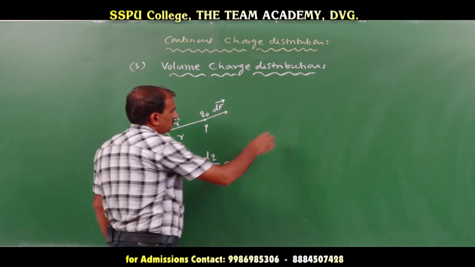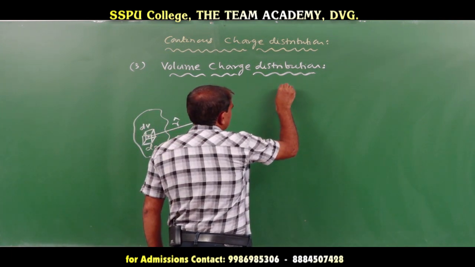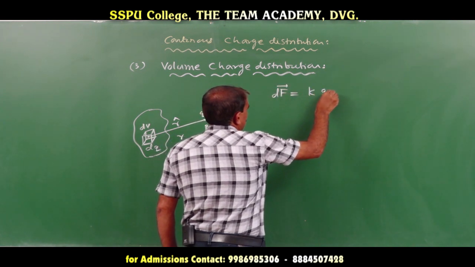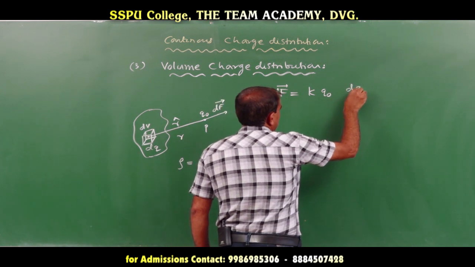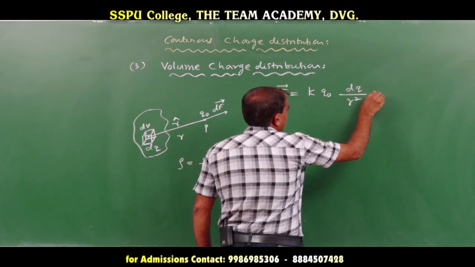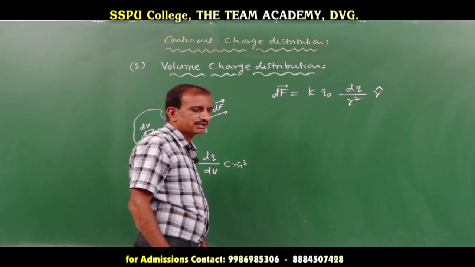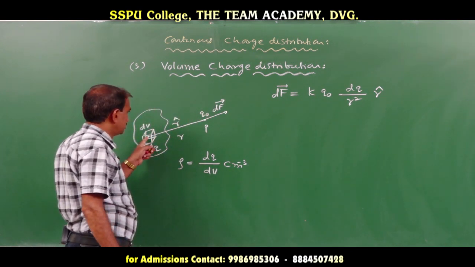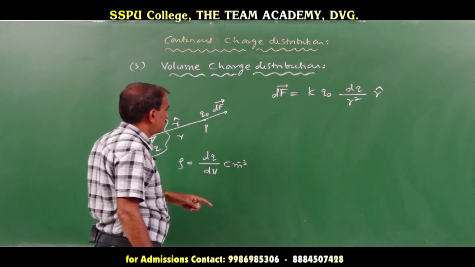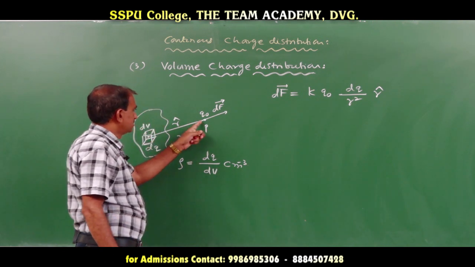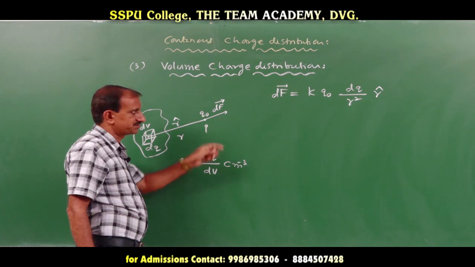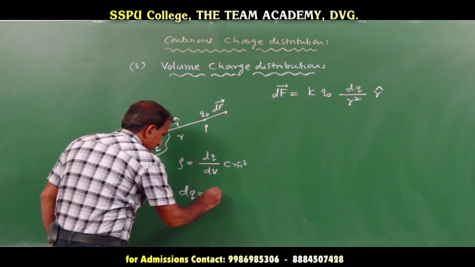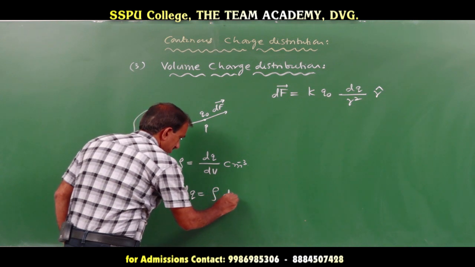The force dF is equal to K into q naught into dq divided by r square into r cap, where r cap is the unit vector directed from the center of the volume dV to the point P, in the direction of the force dF. Here dq is equal to rho into dV.